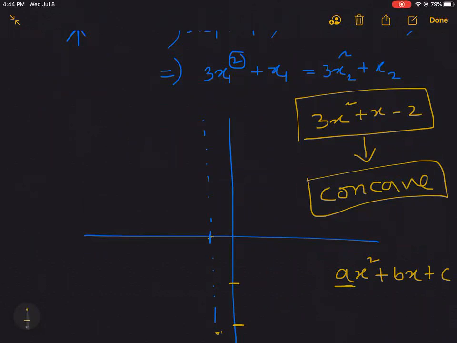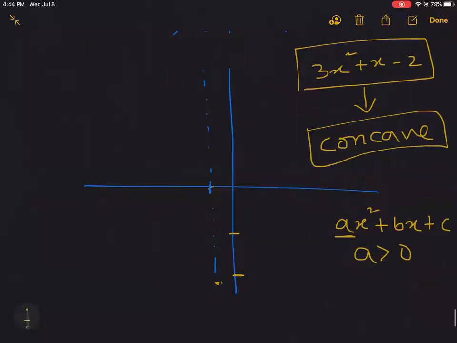The leading coefficient. If a is greater than 0, then it's concave up, right? And on this occasion, it's concave up. So clearly, we could conclude that, hey, this graph is definitely concave up. Now, what does it mean when I say concave up? Does it look like this or this? That's another thing. And all of these things you need to remember, right?